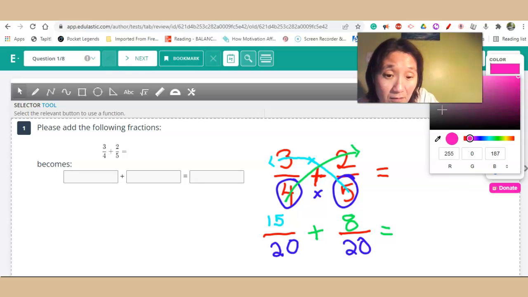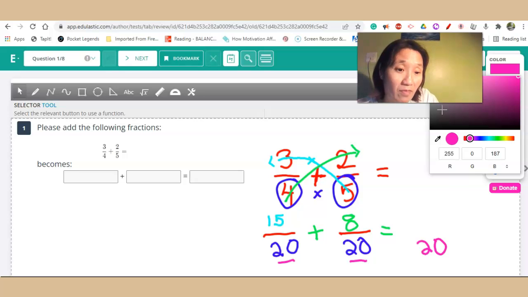So these 20 and 20, which was 4 times 5, stay the same. You keep your denominator. Then you add the numerators. So 15 plus 8 is going to be 23.